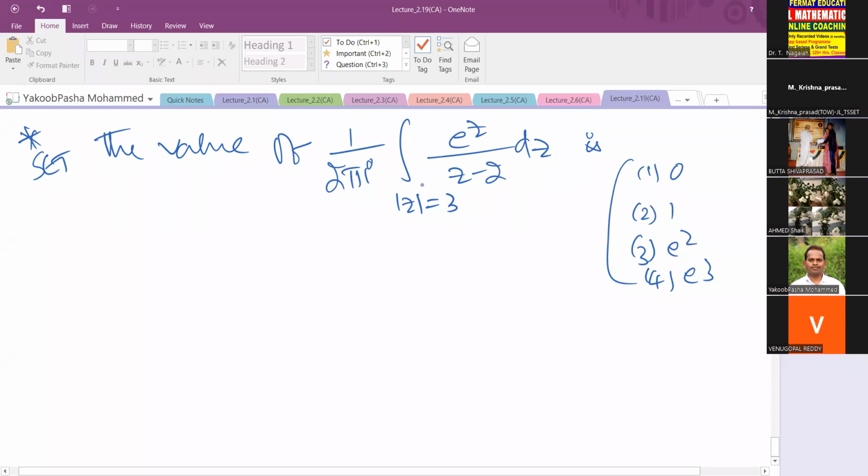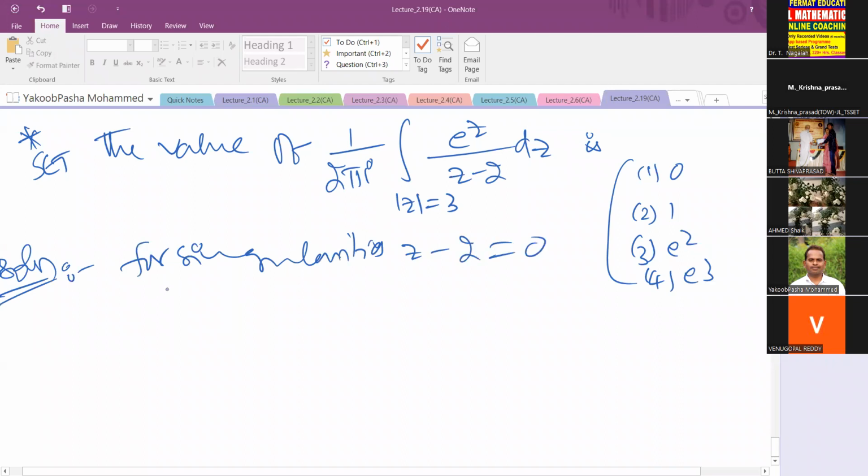So we have to take the residue first. For singularities, the denominator, that is z minus 2 is equal to 0. Therefore, z is equal to 2 is a simple pole.